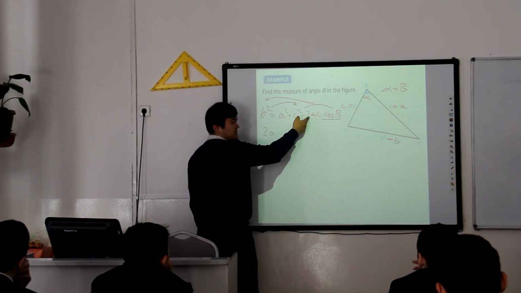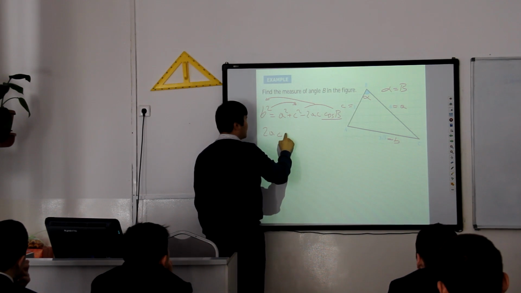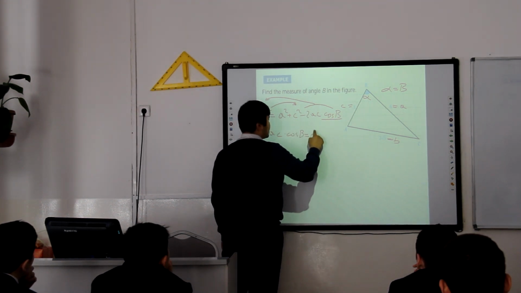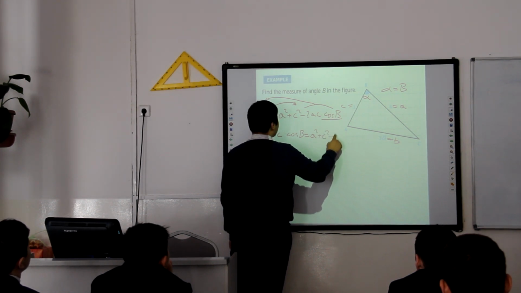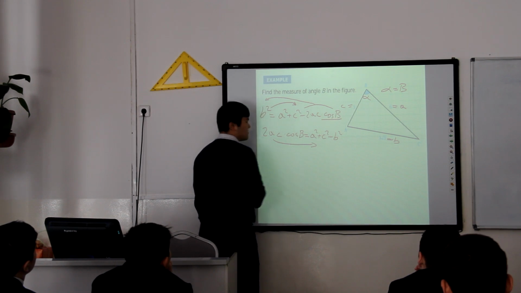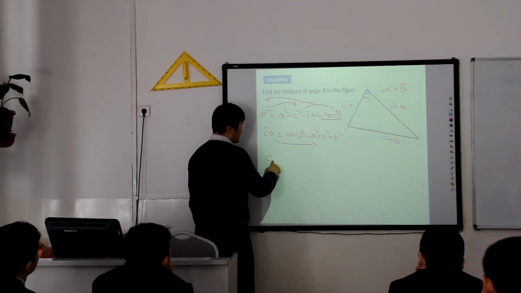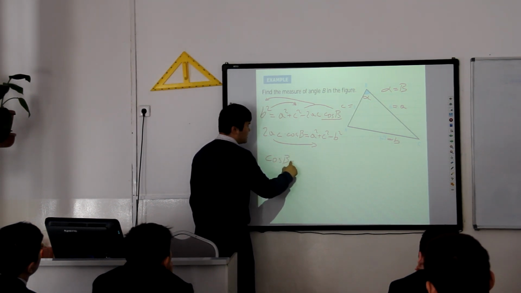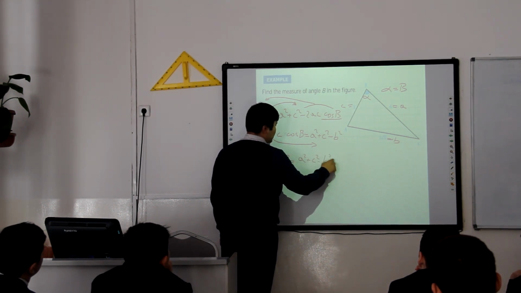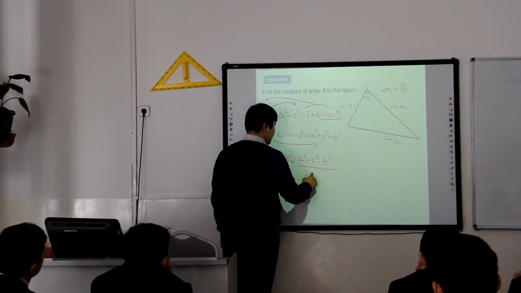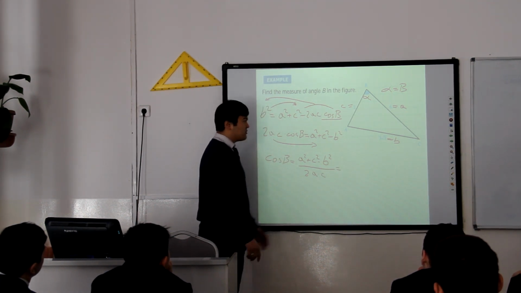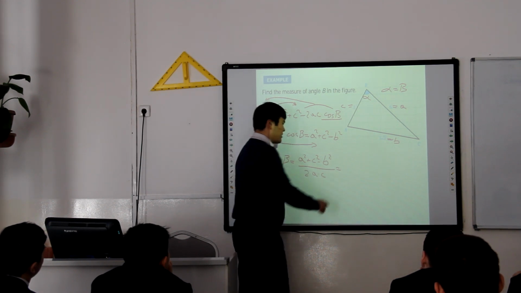The 2AC cosine B is equal to A squared plus C squared minus B squared. Now I can easily divide and send it here. So cosine B is equal to A squared plus C squared minus B squared over 2AC.